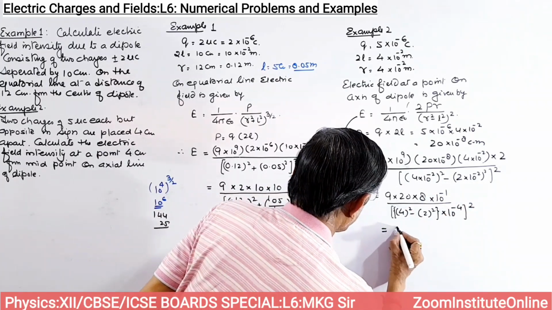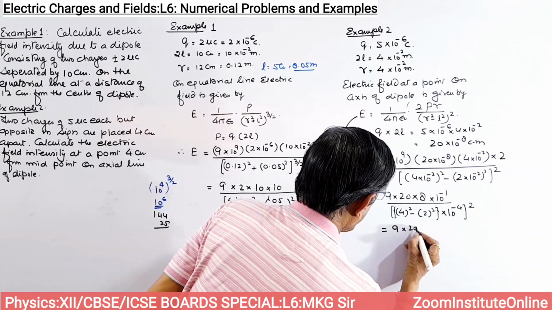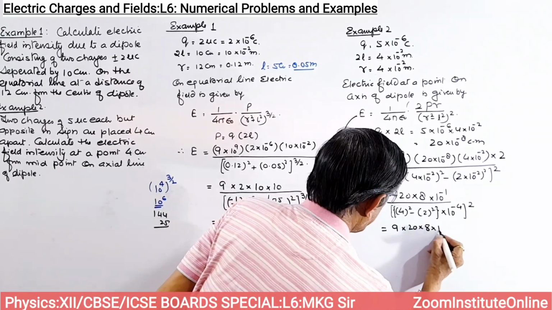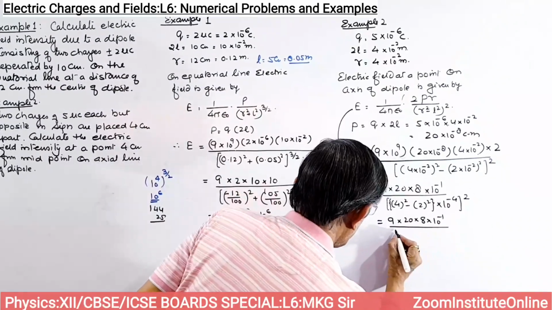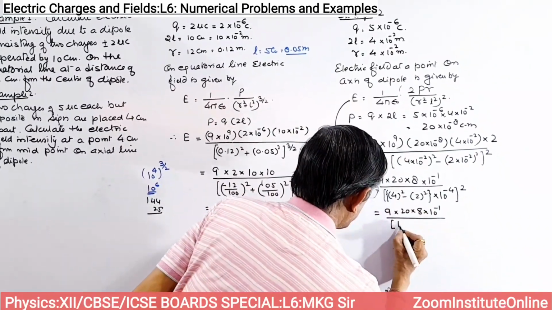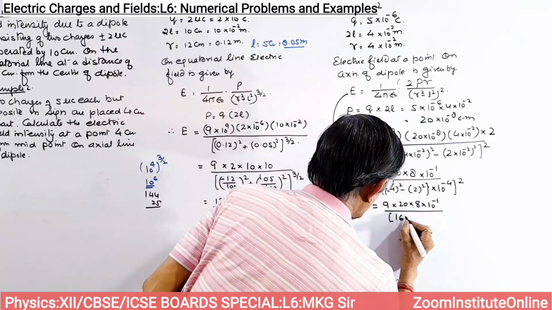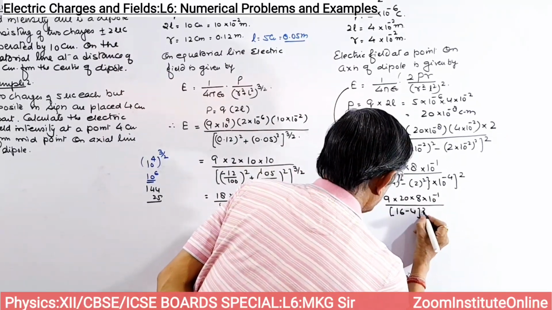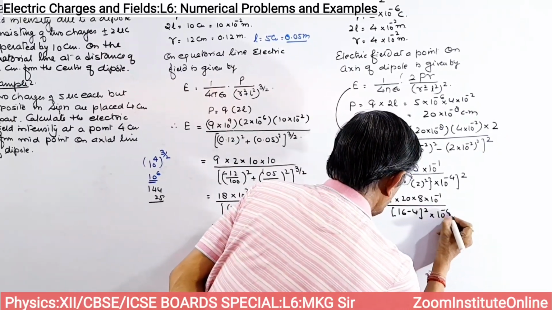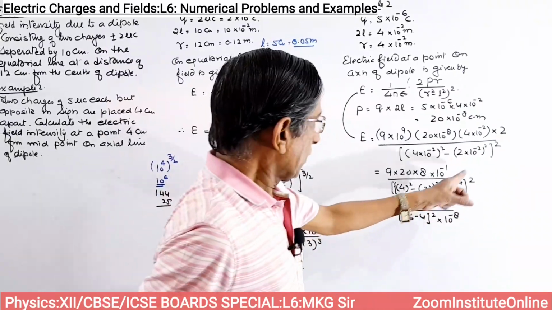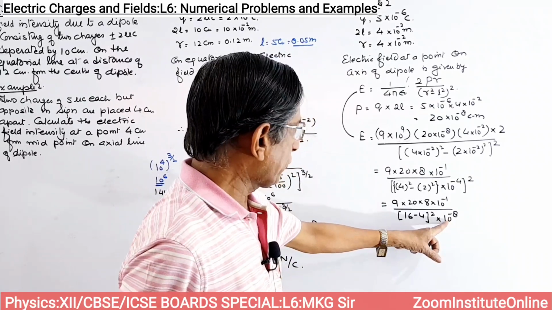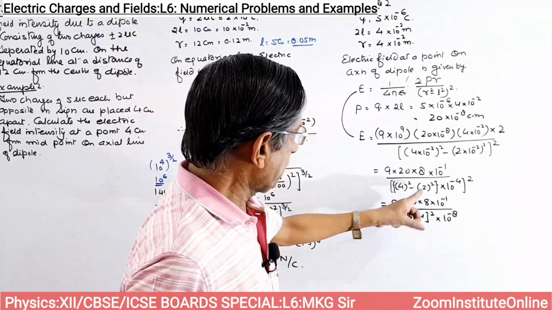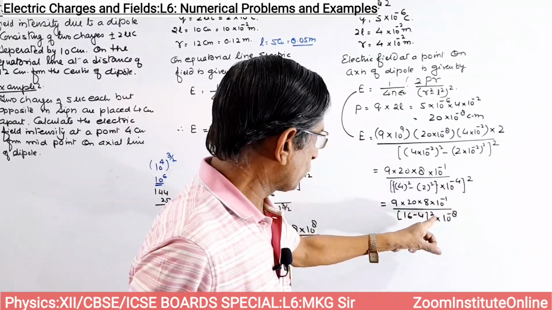So it will be equal to 9 into 20 into 8 into 10 to the power minus 1 upon 4 square, 16, minus 2 square, 4, whole to the power 4 into 10 to the power minus 8. From here we have taken 10 to the power minus 4 outside, and it will come out 10 to the power minus 8. 4 square is equal to 16, 2 square is equal to 4, and this square is here.